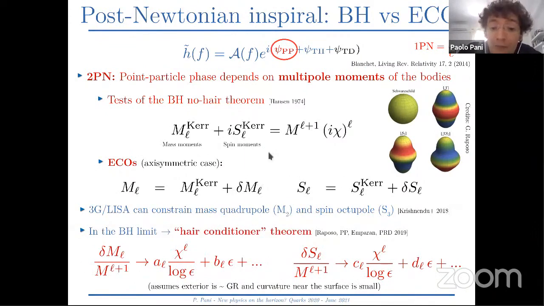There can be deformation of the mass and the spin relative to the Kerr case, and objects can be deformed, in principle arbitrarily deformed, and here I'm showing the embedding diagrams that Guilherme Raposo produced for this project.